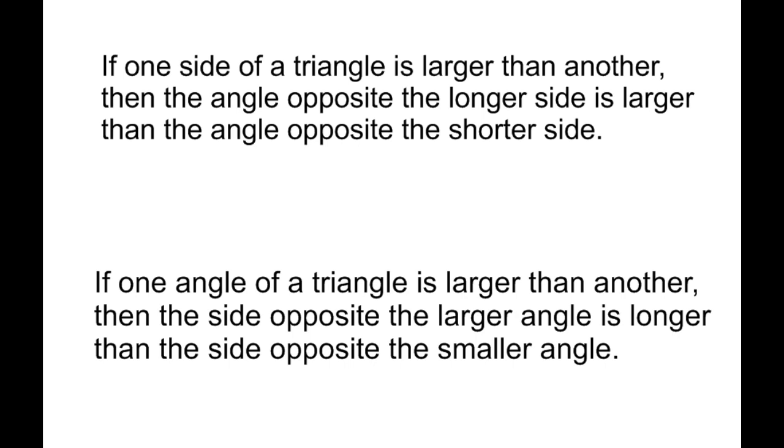And so really what this is saying is if I have a side that's longer than another side, then the angle opposite the longer side is going to be bigger than the angle opposite the shorter side, and vice versa. So if you want to write down verbatim what's on the screen, make sure you pause right now, write it down, and have it in your notes.